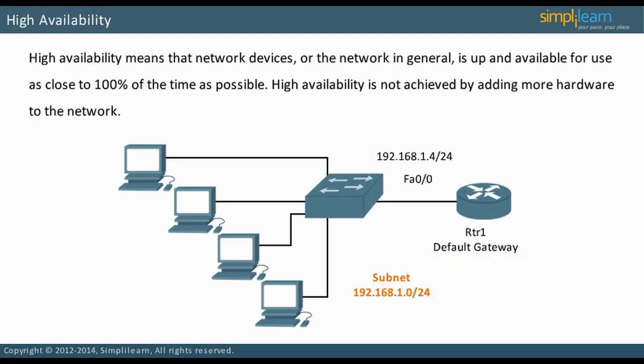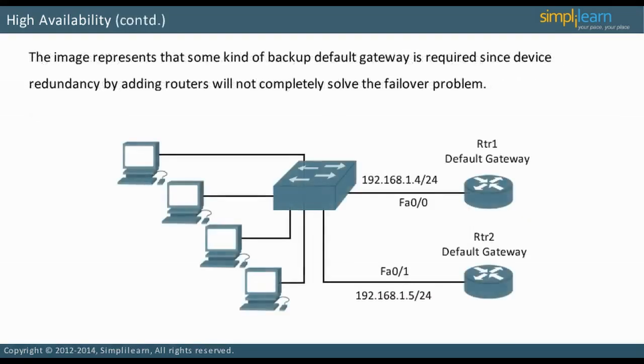Let us continue our discussion on high availability in the next slide. In the slide, let us see what happens if another router, router 2, is added. Once another router is added, half of the PCs will be assigned a default gateway of 192.168.1.4 and the other half 192.168.1.5.